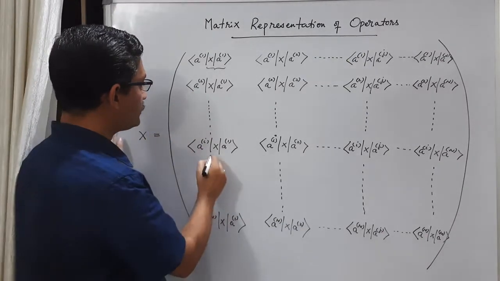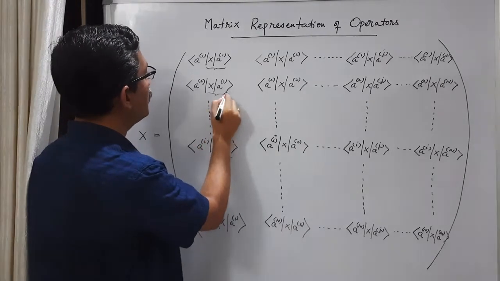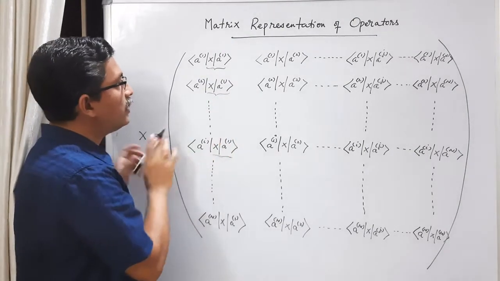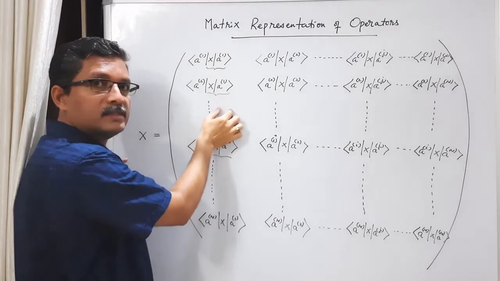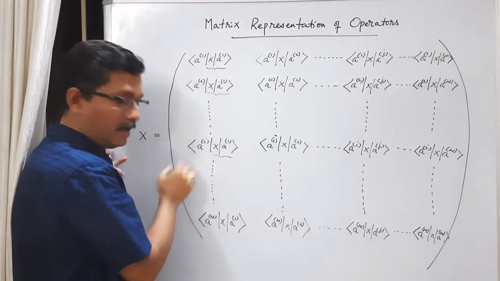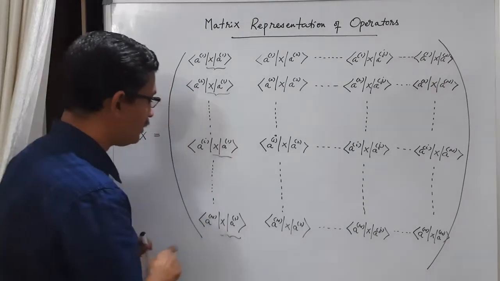Next you get the component of x a1 along a3, a4, ai, and finally the component of x a1 along the direction an.